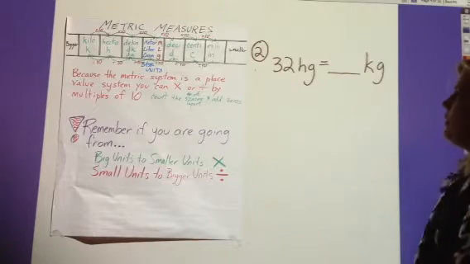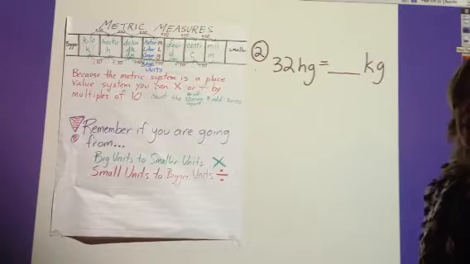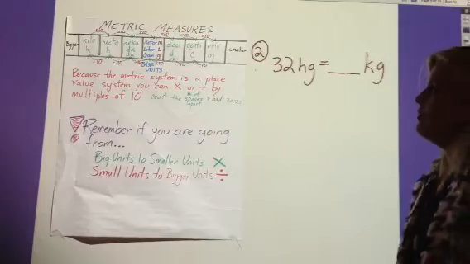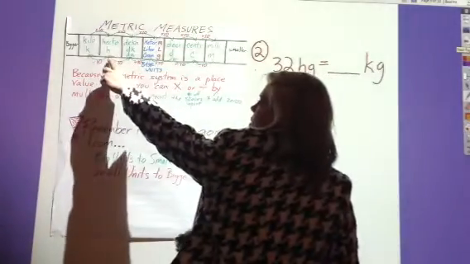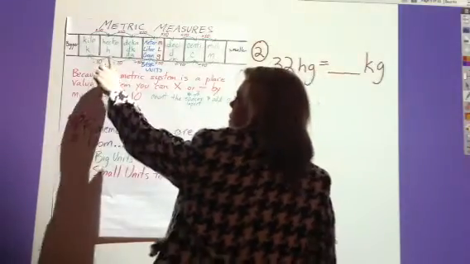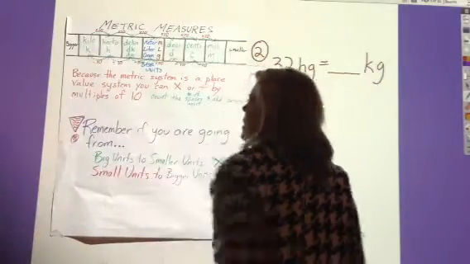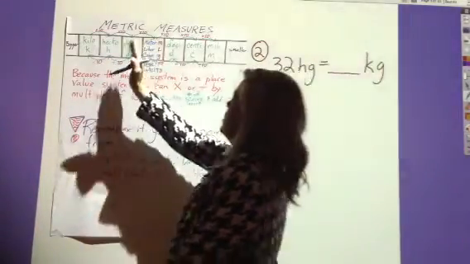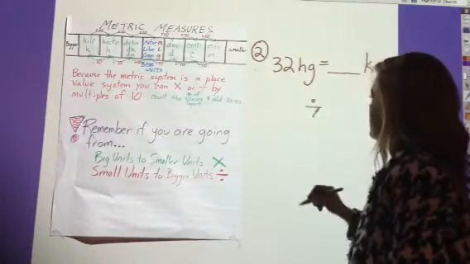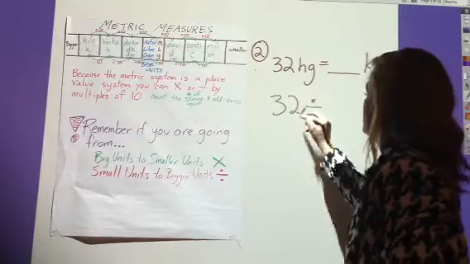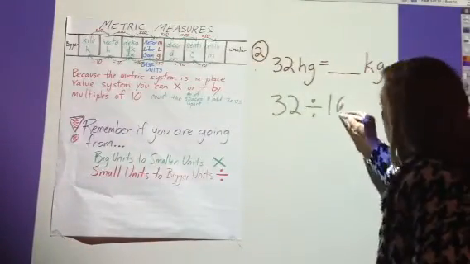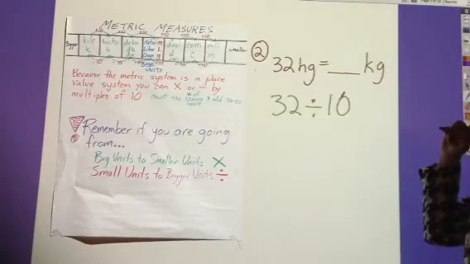Let's do another problem here. I have 32 hectograms, and I need to convert that to kilograms. I'm going to look at where hectograms is on my chart. I'm going to look at kilograms on my chart, and I realize it's one space away. I am going from smaller to bigger. Again, that operation is divide. I'm going to do 32. It's one space away, so I'm going to put 1 0 after my 1.